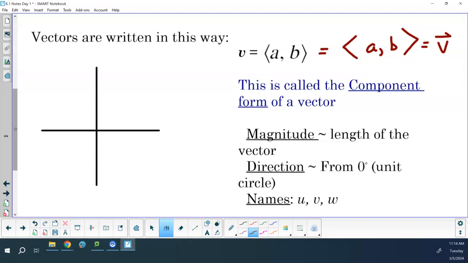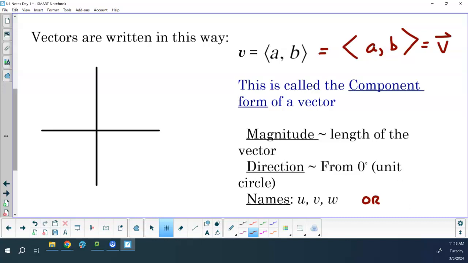Your names are lowercase letters. So we can name them with a single lowercase letter, or we can name them with two points.